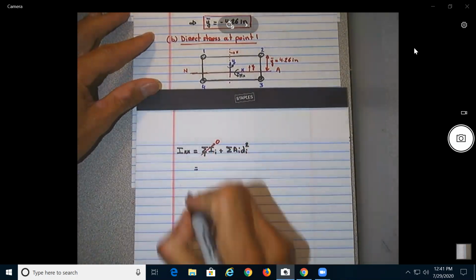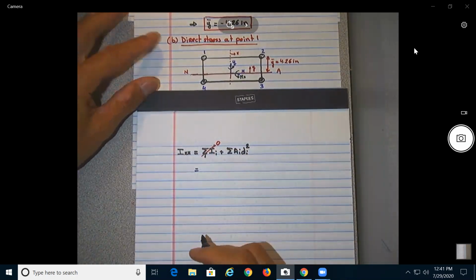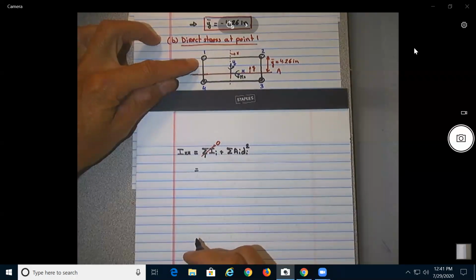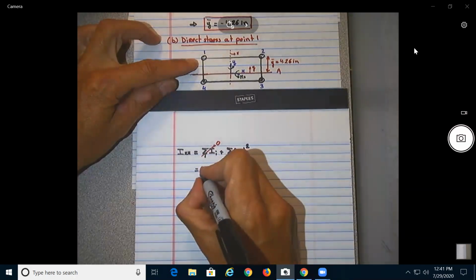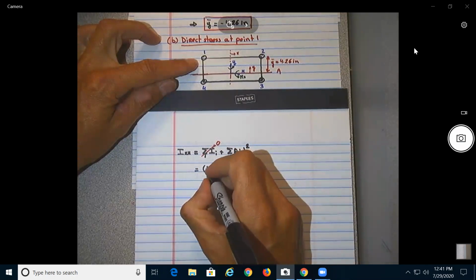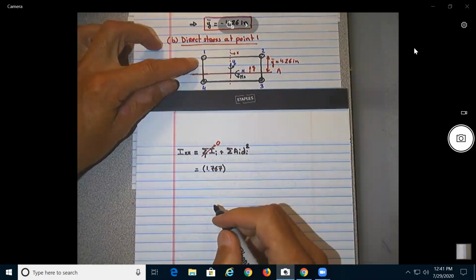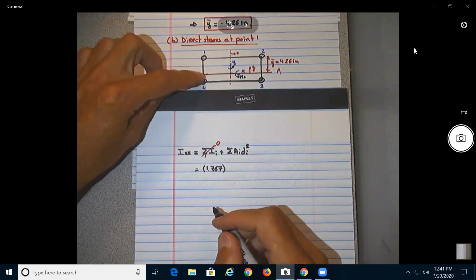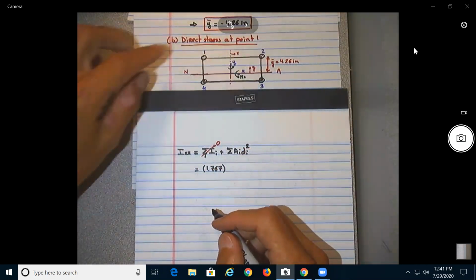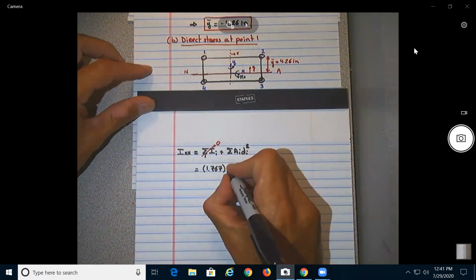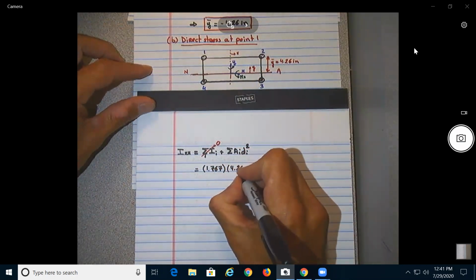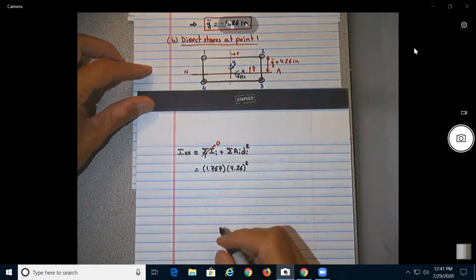All right, let's do the first one in detail. What is the area of A1? 1.767. What is the distance D? Here will be the Y bar, which is 4.26 squared, no?